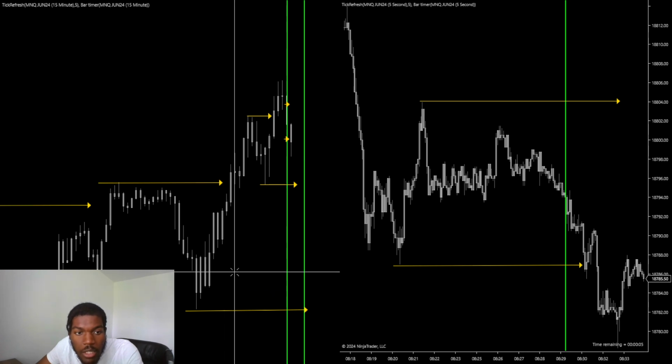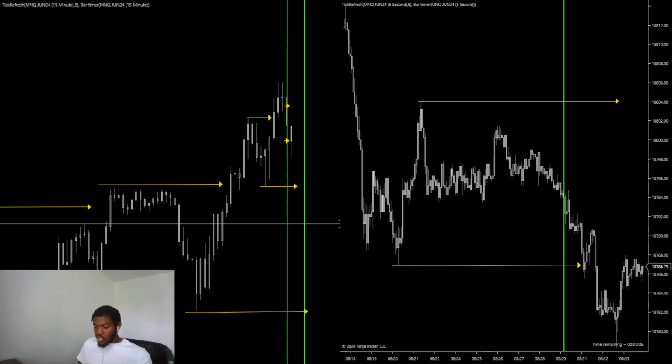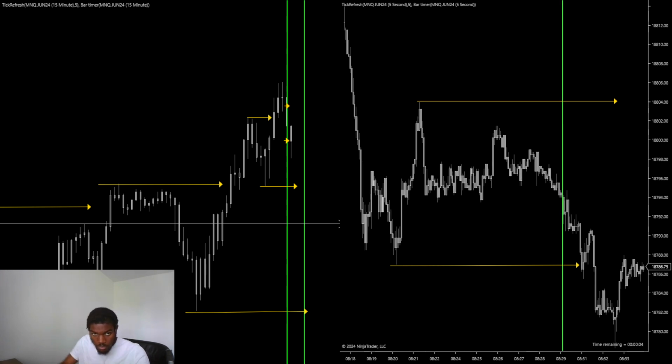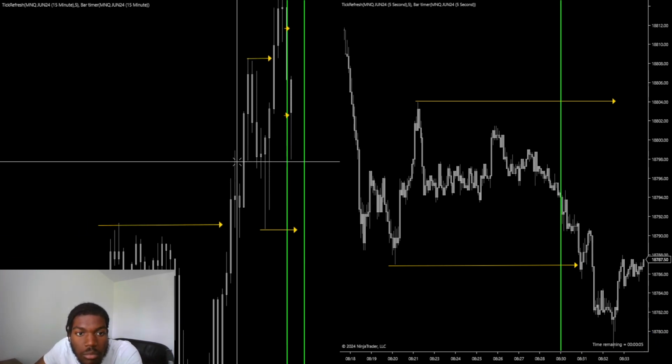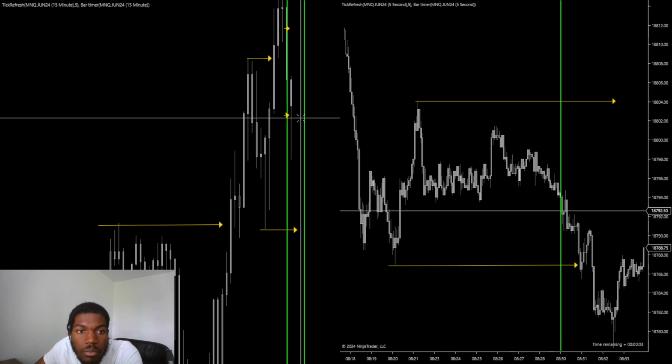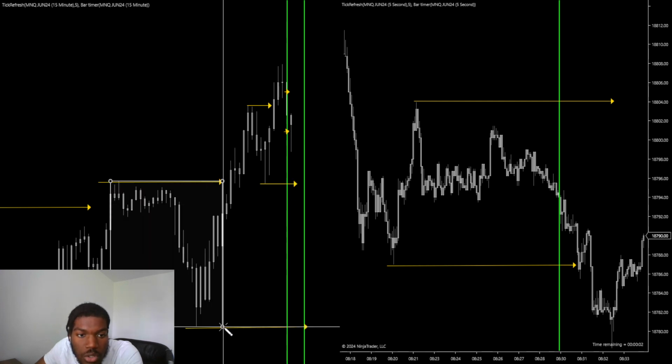And when I zoom in, the third thing that I'm paying attention to is the last previous range. This is the last previous range.